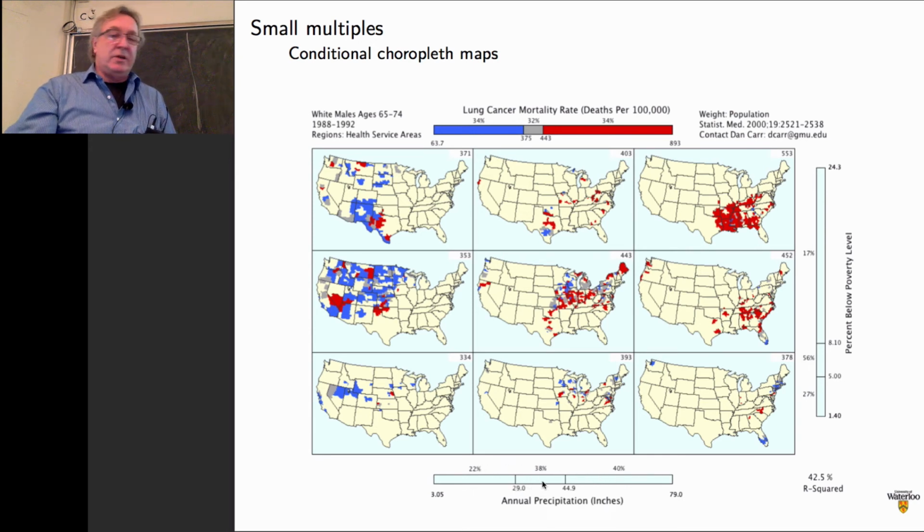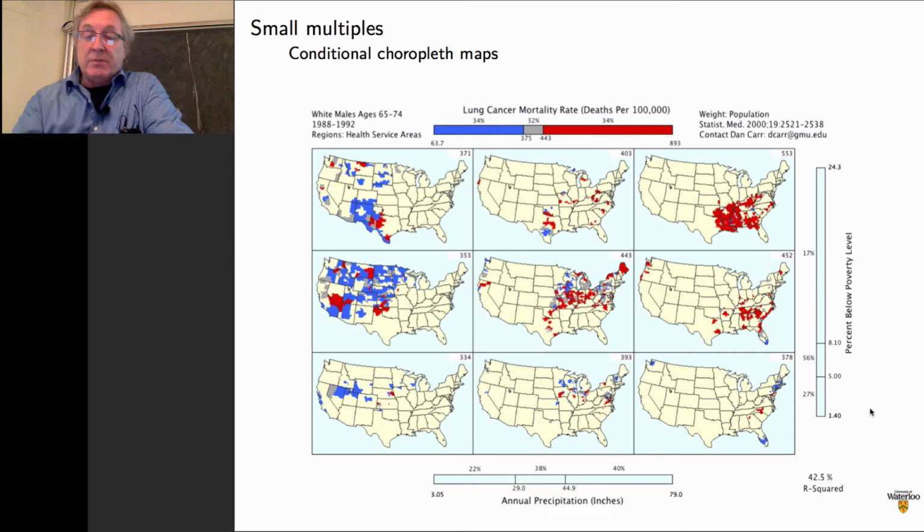They're at particular locations where we're trying to separate all the regions. All the regions that have precipitation between 3.05 and 29 inches appear in this column. All the regions that have between 29 and 44.9 appear in this column. Those greater than 44.9 appear in this column.